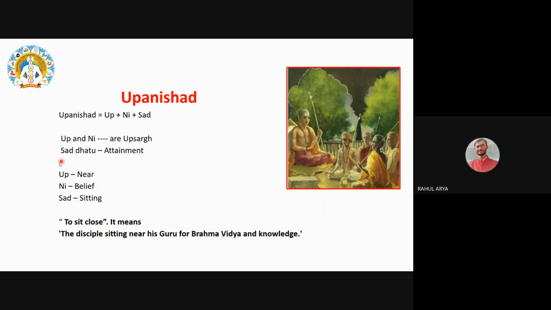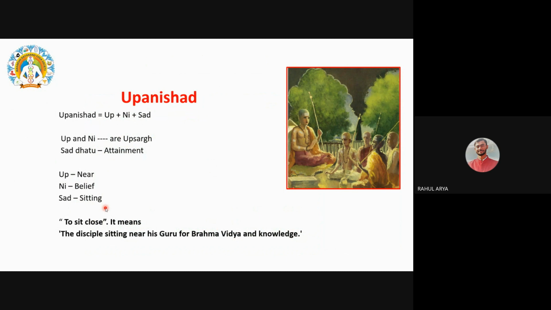So the exact meaning of Upanishad is that the devotee, the student, goes to the Gurukula or near to the Guru with full trust and belief, and whatever kind of knowledge the Guru gives, he adopts it in life. That is the exact meaning of the Upanishad.